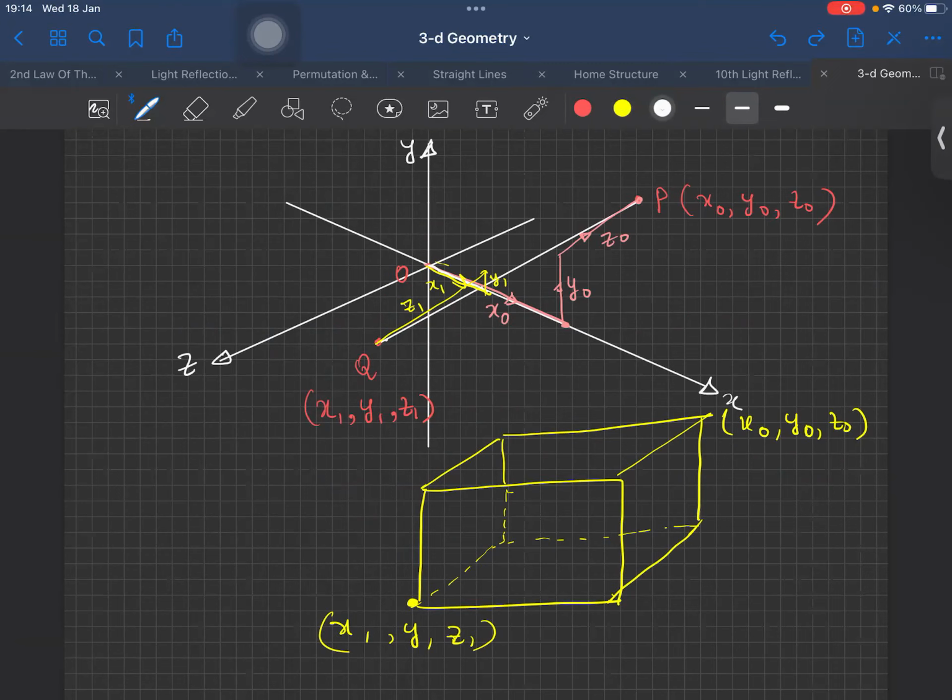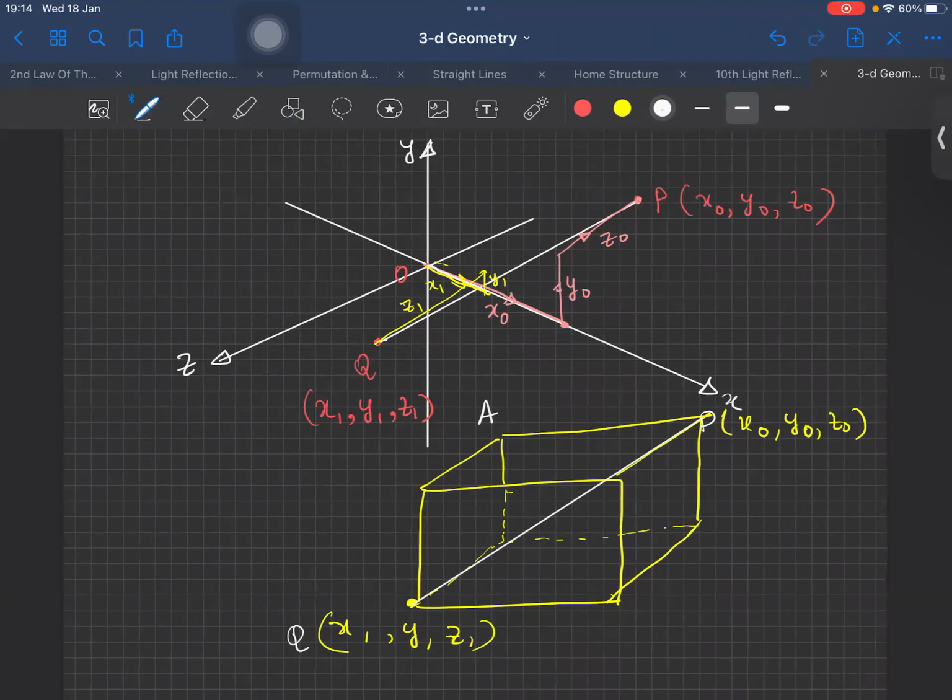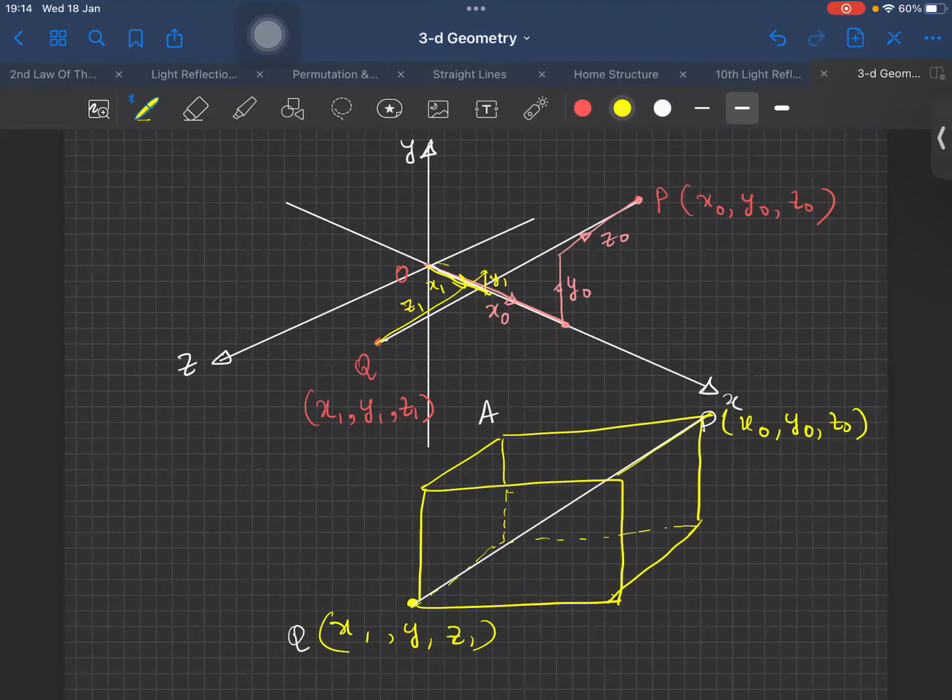So if you name these points A, B, C, D, E, F, this is Q and this is P, we have to find the distance of this diagonal, PQ.